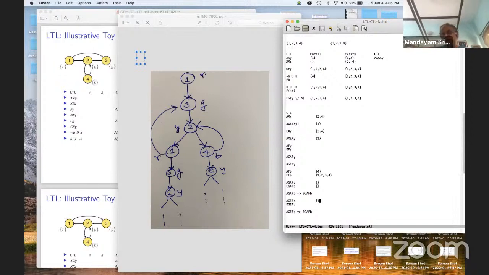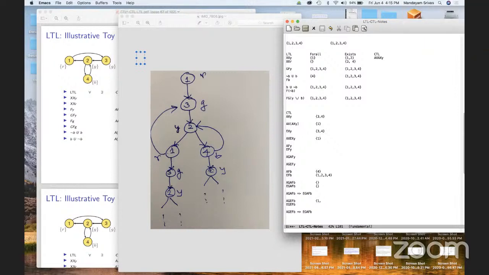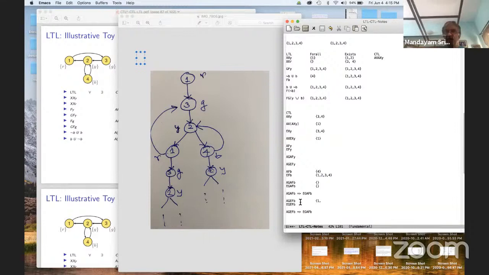Exactly right. Any path can only have these 4 states, and they satisfy G of F of B because they have to include one of those states.